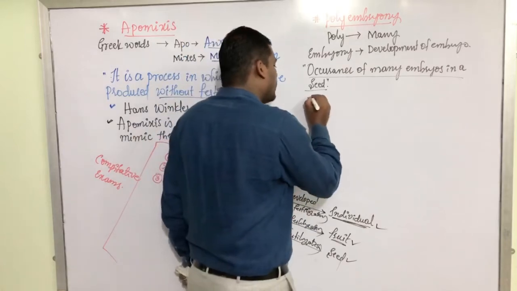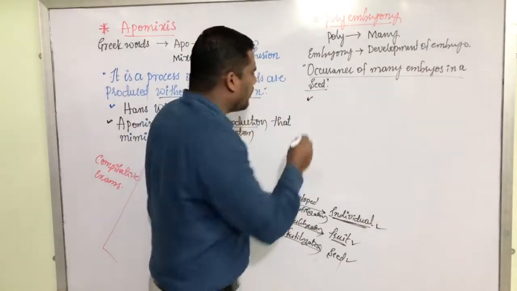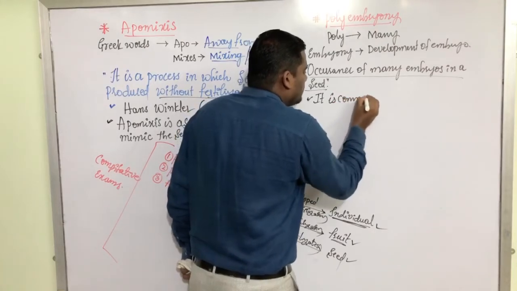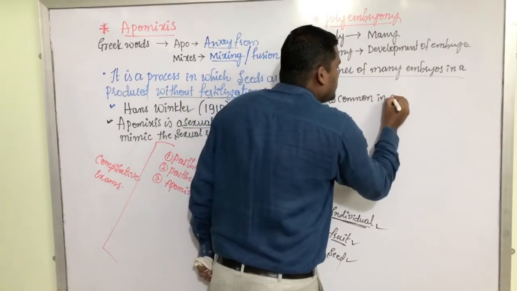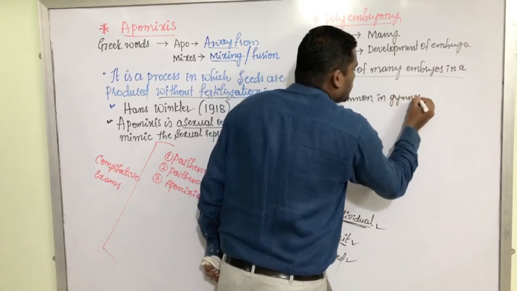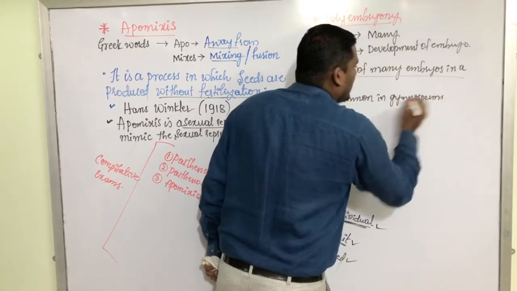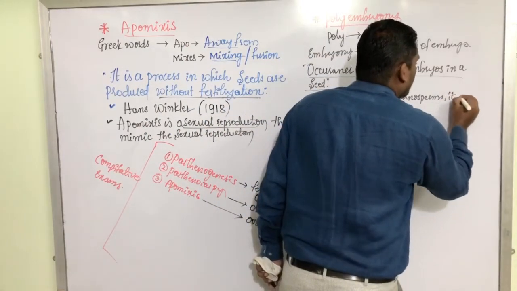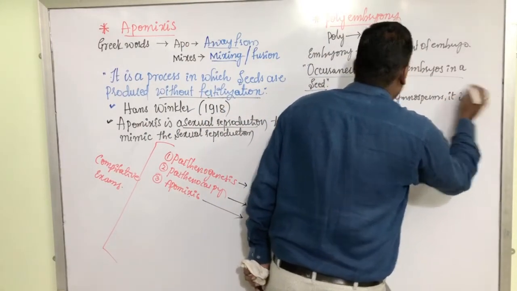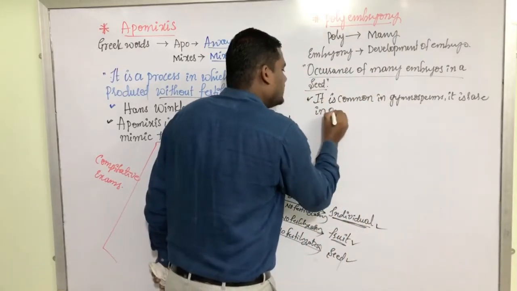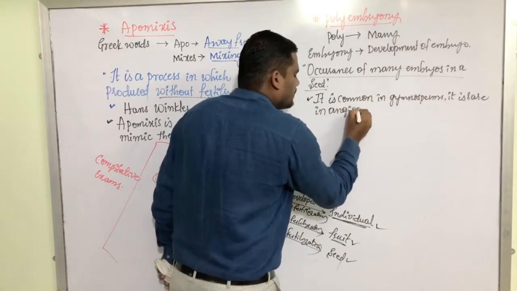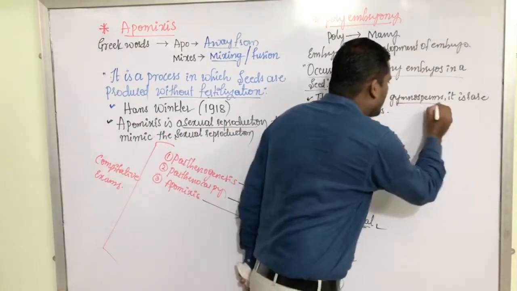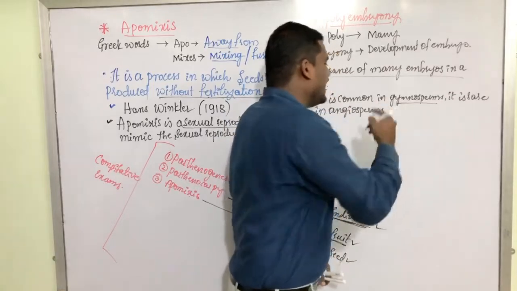Polyembryony is very common in gymnosperms, whereas it is very rare in angiosperms.